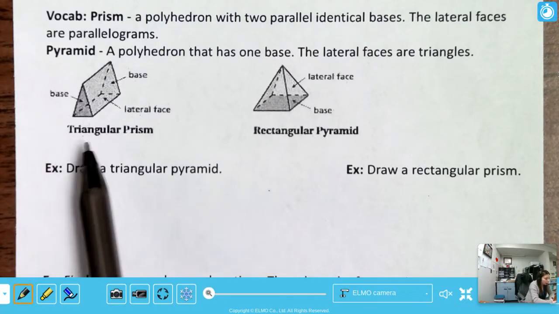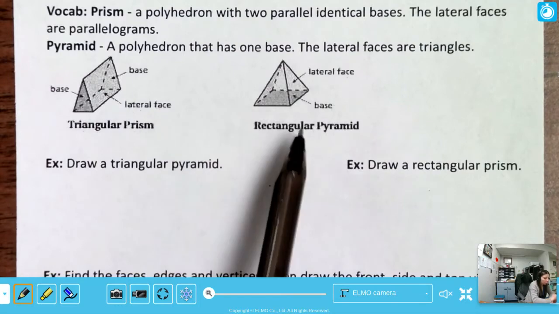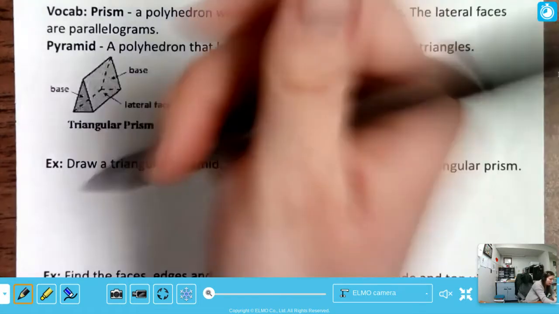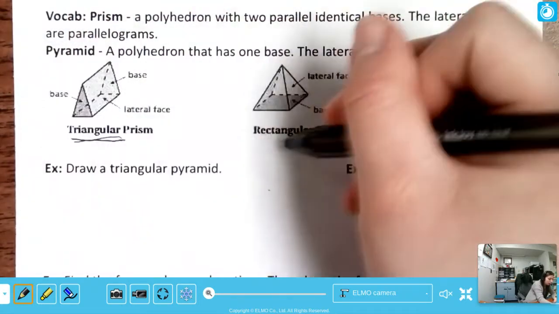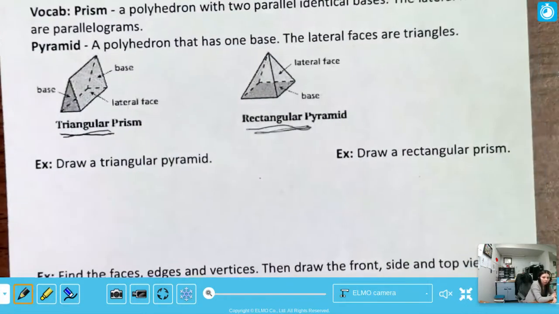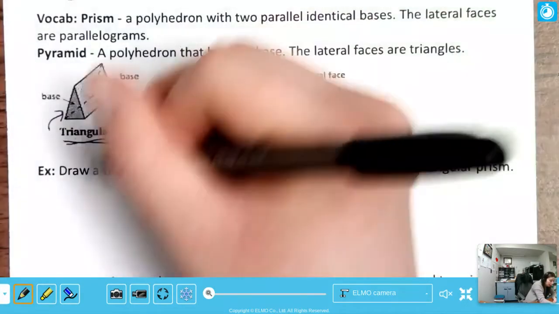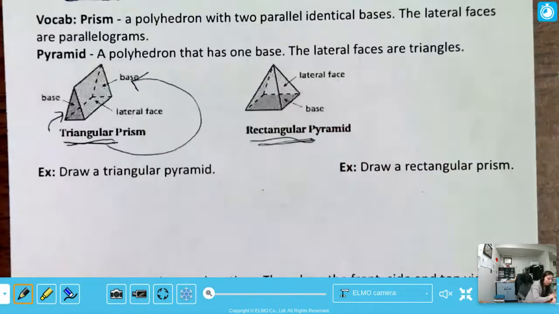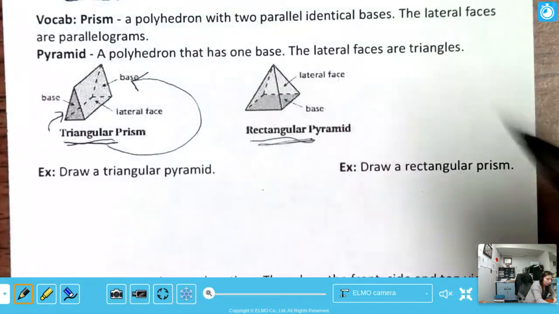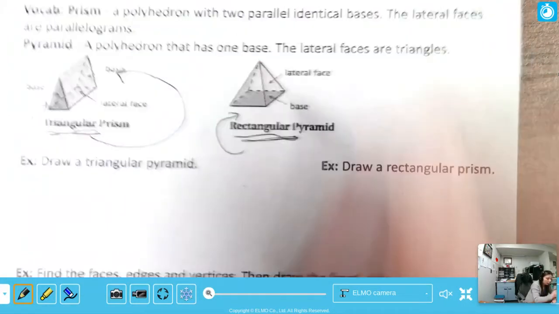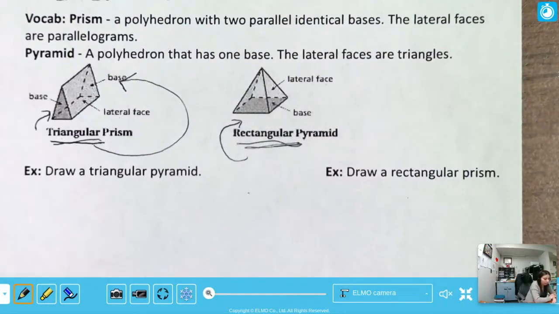Now you might wonder how we decided to name these, triangular prism or rectangular pyramid. Well, the name, triangular and rectangular, comes from the shape of the base. Because this has triangular bases right there and right there, that's why it's called a triangular prism. Because this one has a rectangular base, that's why it's called a rectangular pyramid.